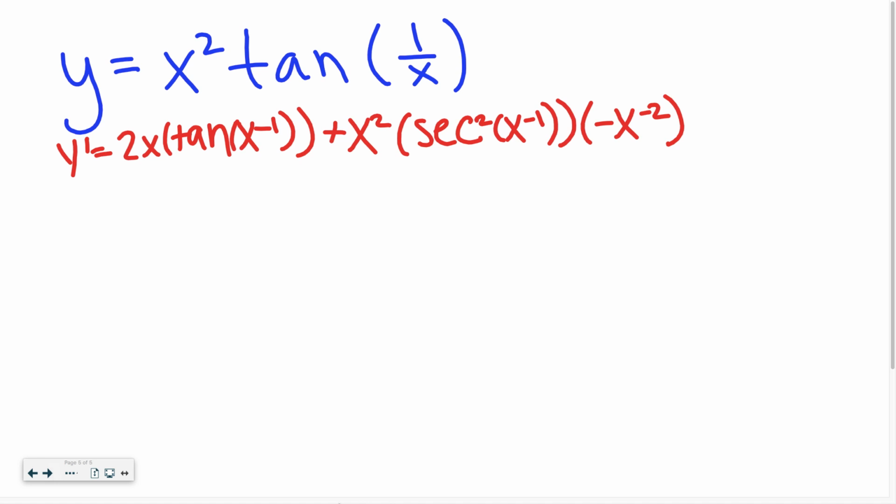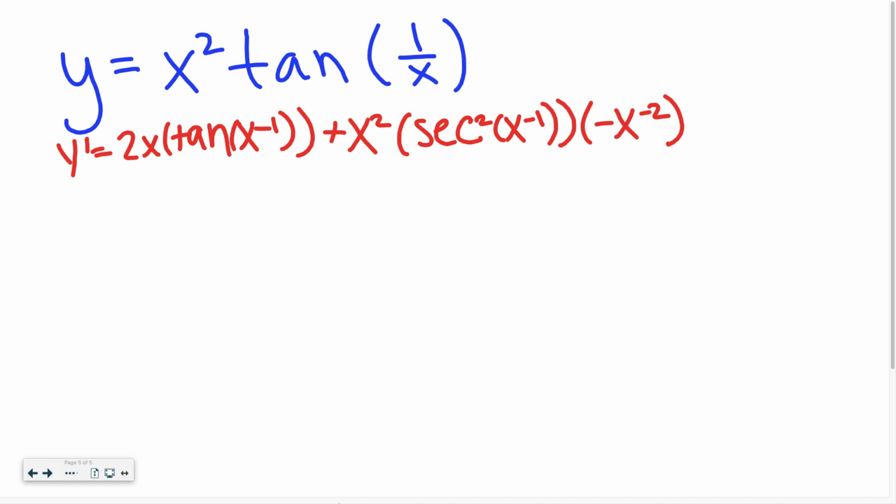All right, Jessie has her work up here on the board. We have the derivative of x squared is 2x times the tangent of x to the negative first, plus x squared times secant squared of x to the negative first times negative x to the negative second.